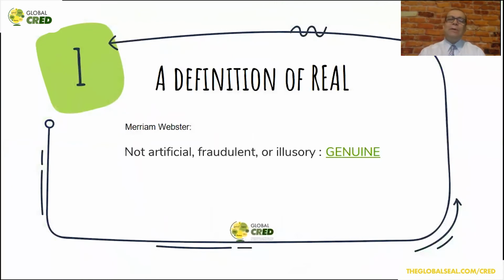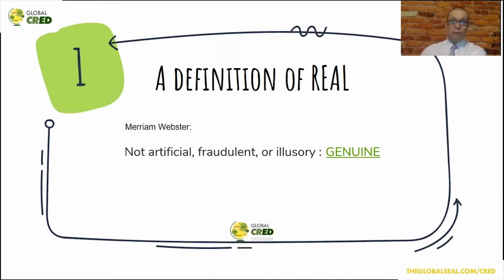So the first thing that we need to take into account is to understand what real means, a definition of real. So I went to the dictionary, Merriam-Webster's, and I found three important things that comprise what real means. Number one, something that is real is non-artificial.